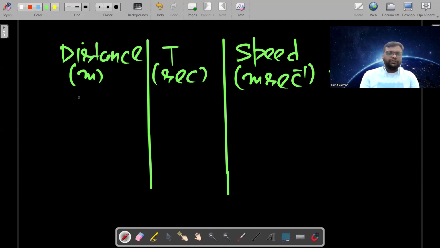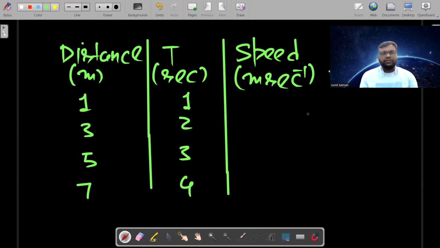Now suppose the distance is 1, 3, 5, 7 and the time is 1, 2, 3, 4 seconds. So here friends, what will we calculate first? We will calculate speed.